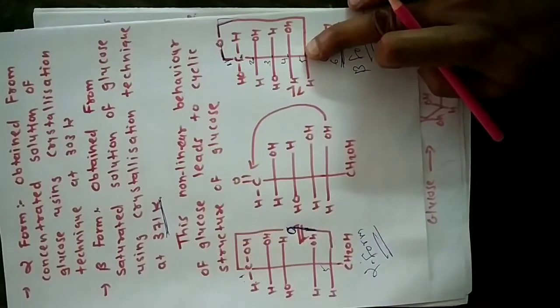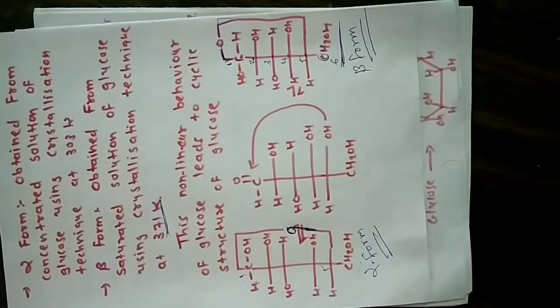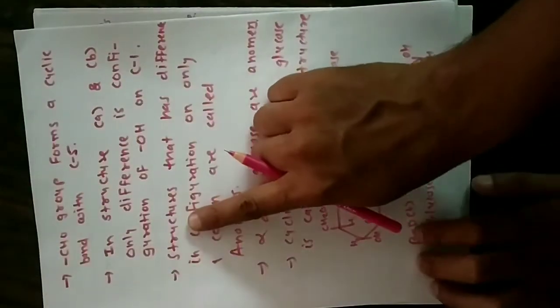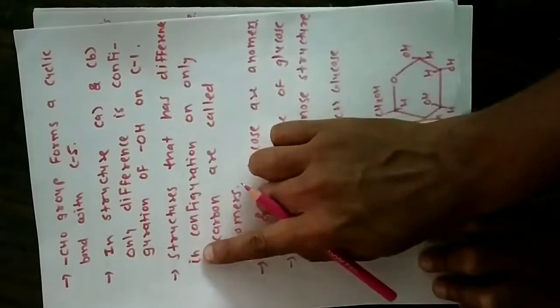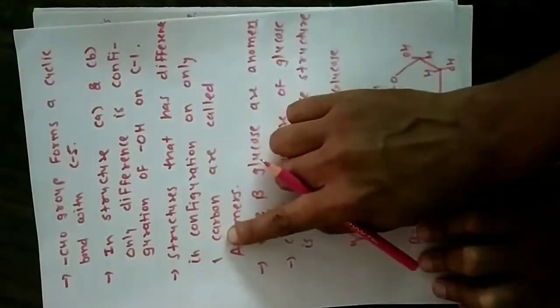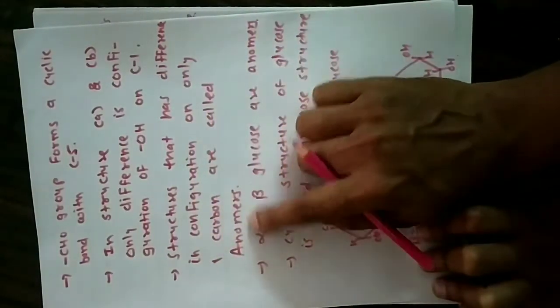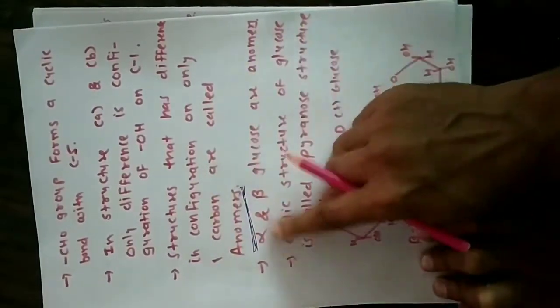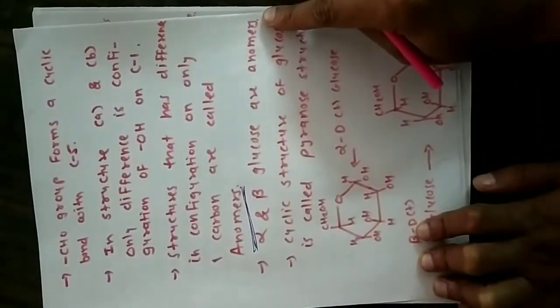Only one carbon has a different configuration. So this type of structure is called anomers. Structures that have a different configuration in only one carbon are called anomers. Alpha and beta glucose are anomers.